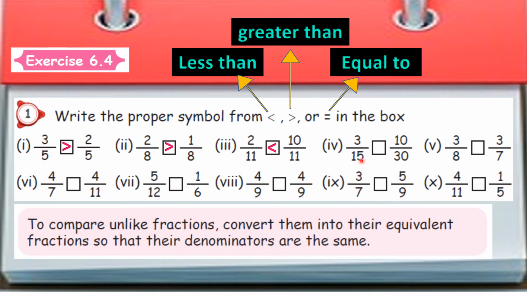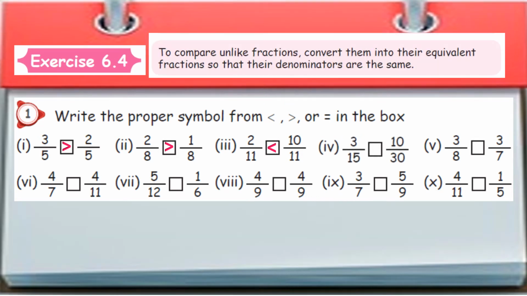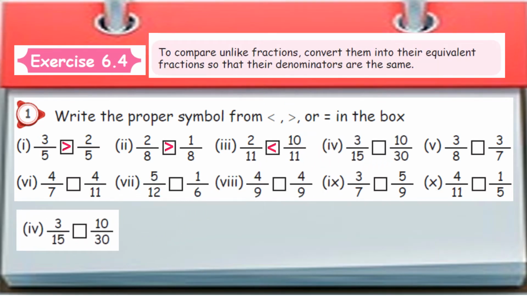So, here we have 15 and 30. This is smaller. If I multiply with 2, I will get 30, isn't it? So, we are going to change this 3 by 15 into its equivalent fraction by multiplying by 2. That's what we are going to do. Let us select the fourth question.